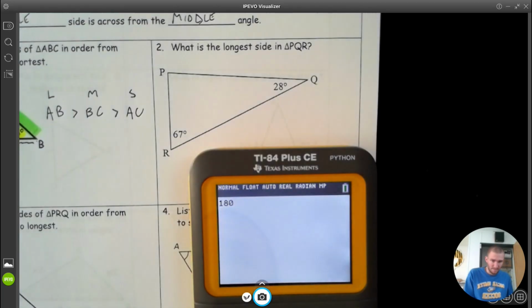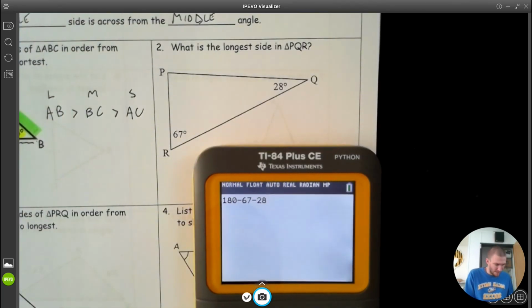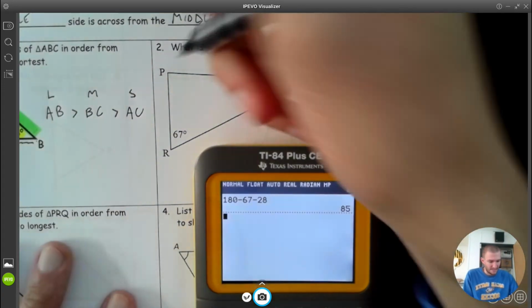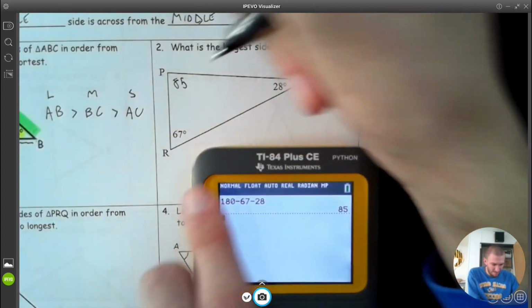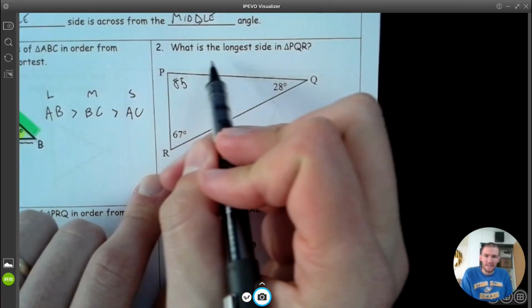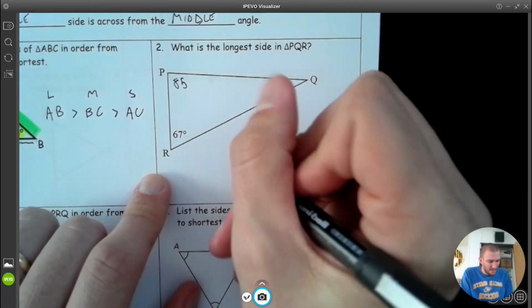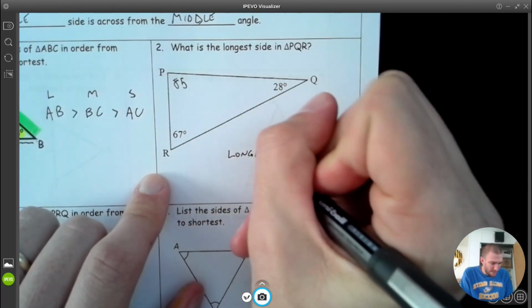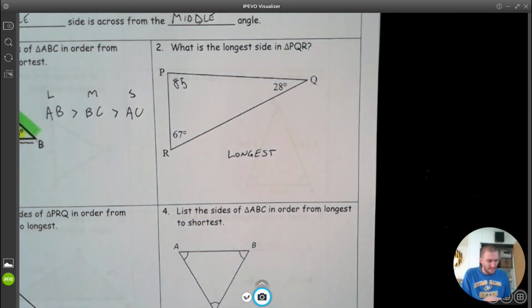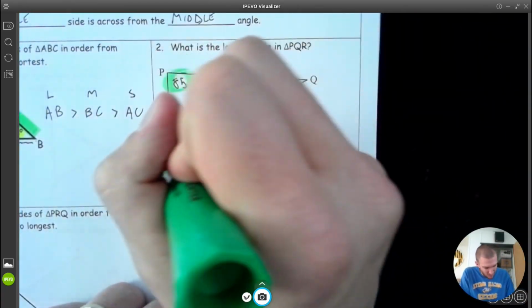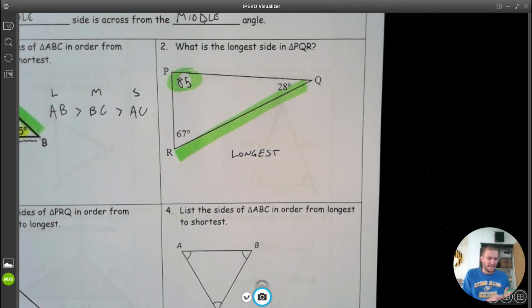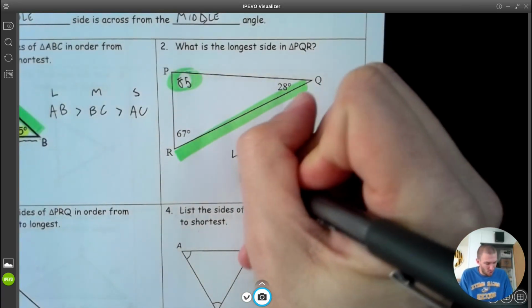Let me make it so you can see it. 180 minus 67 minus 28. So the third angle is going to be 85. It asks me what is the longest side. Okay, well, here's my big angle, so here's my big side, and I would call that RQ.